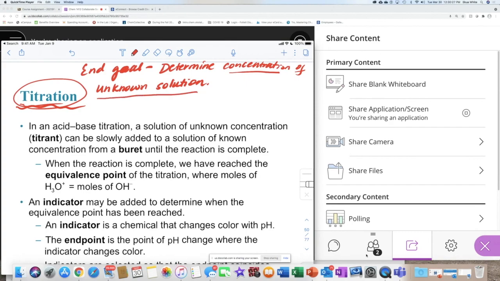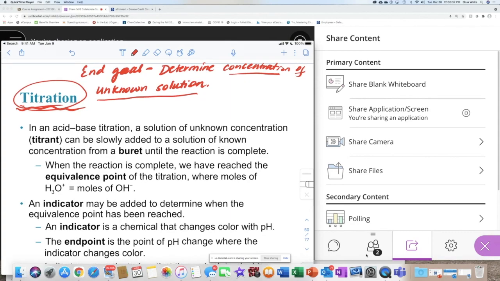Or even if the solution is known, we want to know what its concentration is. You titrate, okay? So now we're looking at acid-base titration. In an acid-base titration, a solution of unknown concentration, which is called the titrant, can slowly be added to a solution of known concentration. They're telling you what the goal is, right?